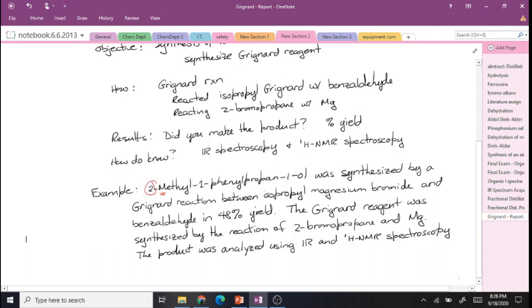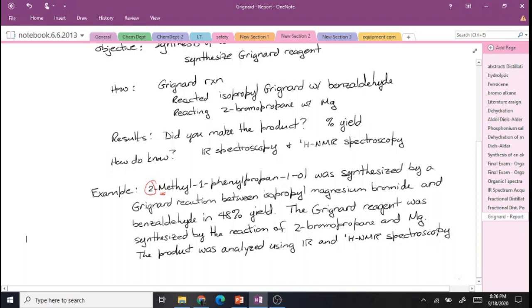And also, the second objective, Grignard reagent was synthesized by the reaction of 2-bromopropane and magnesium. So we're listing our objectives. We are also giving the results. We are stating that the methylphenylpropanol was synthesized, and we are giving the percent yield. They don't have to be in the order that I listed: objective, how, results, how do you know. You can list it in any particular order, provided it makes sense and it flows when it is being read by the reader.